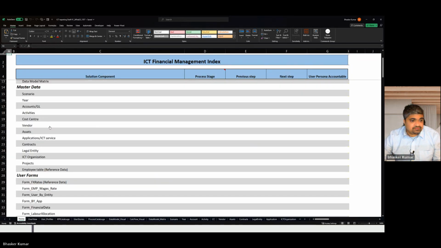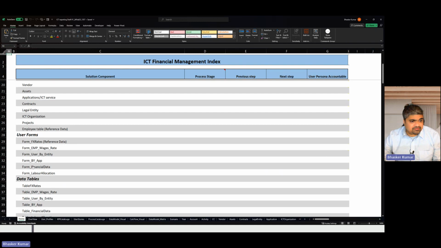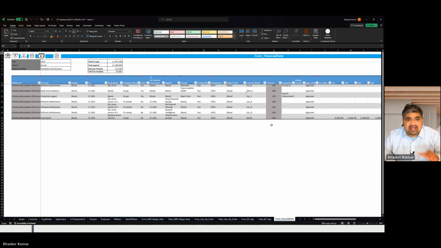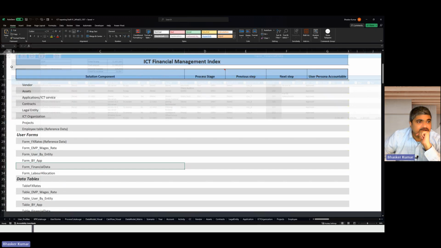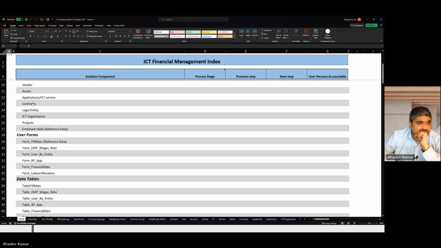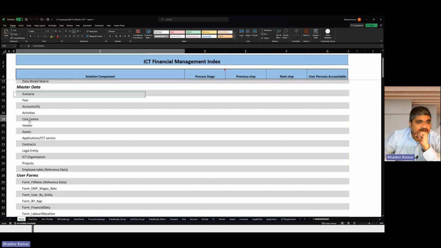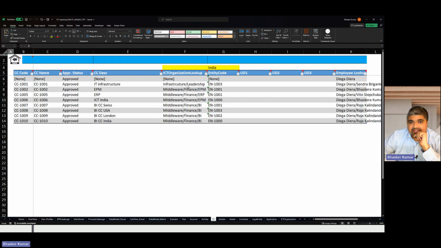all the financial data, all the information is available to us, right? If we have the cost center available, through the cost center we can know. So if I go to the cost center, you will see I have ICT organization lookup and employee lookup.